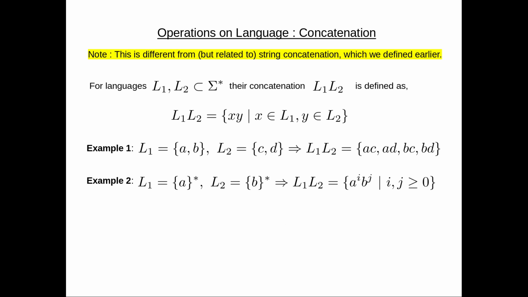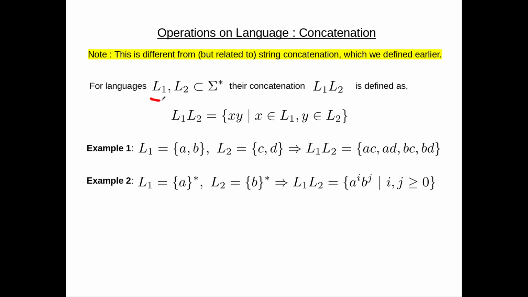Now we have seen concatenation of strings. Now we talk about concatenation of languages. They are related, but they are different. So you should keep this in mind whenever I say concatenation, or you read concatenation: concatenation of what? String or language. Here we are talking about concatenation of languages.